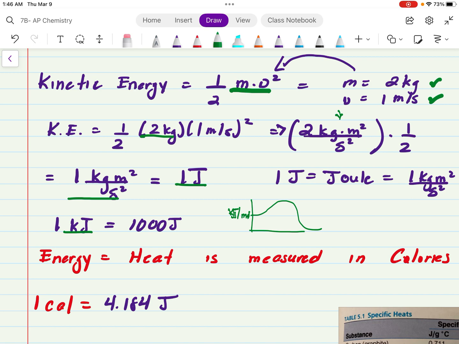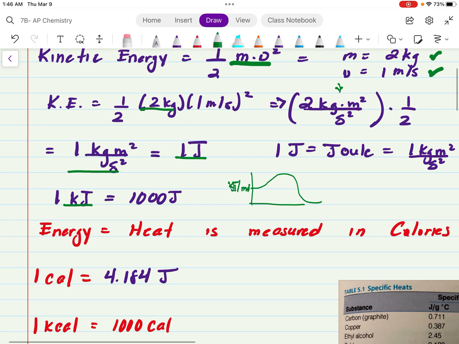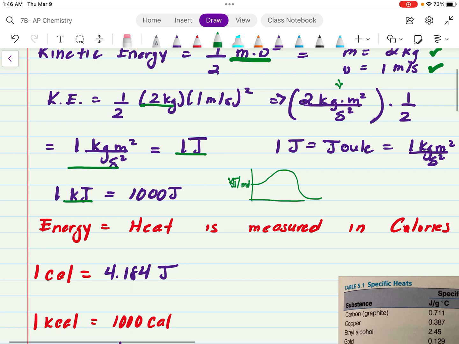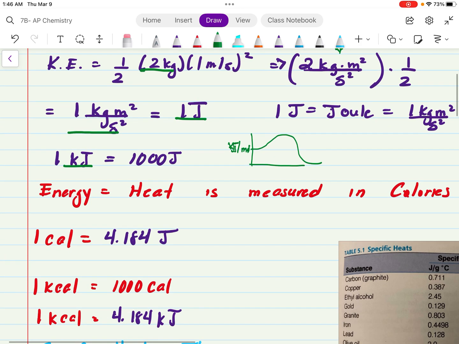And like the joule, the calorie is not a huge amount of heat. So just like the joule, you're also going to see 1 kilocalorie, which is the same thing as 1,000 calories. These can go back and forth between joules and calories. So 1 kilocalorie of heat equates to 4.184 kilojoules of energy.